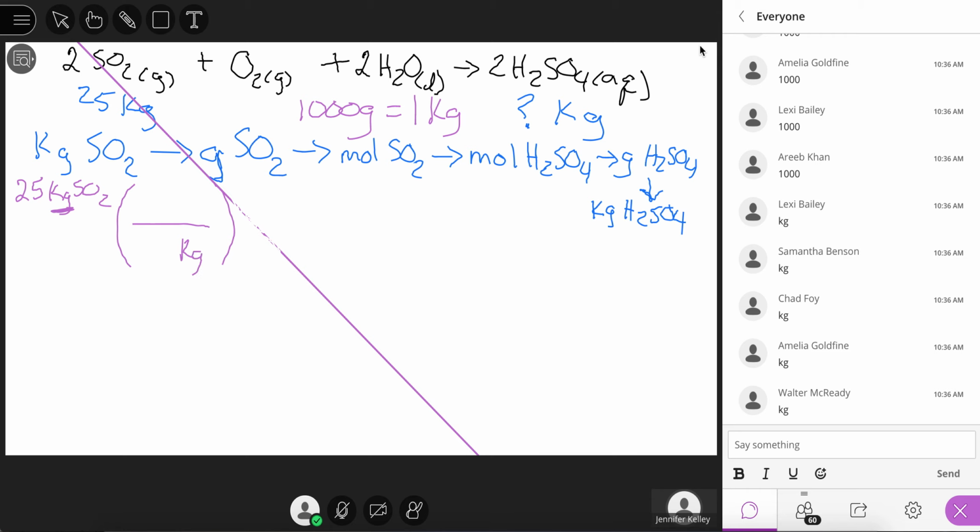All right, so that is going to be 1 kilogram of SO2 is 1,000 grams of SO2. All right, so we've done this part. All right, so now we want to do the next piece, going from grams to moles. So how do we go from grams to moles?